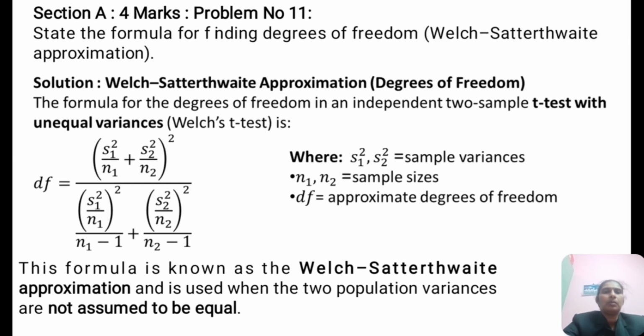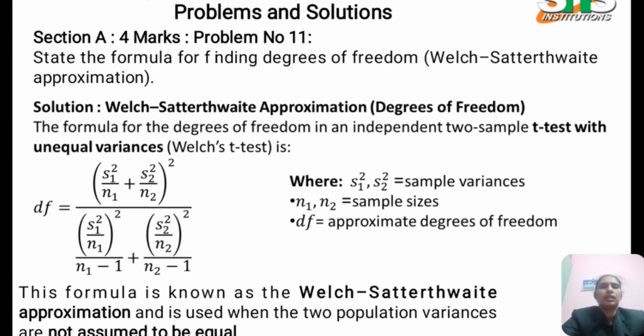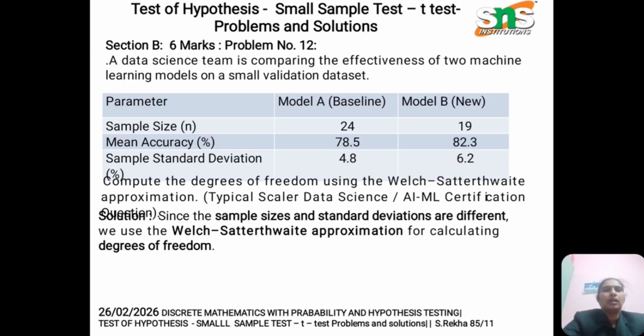In the same problem, if they ask us to find the degree of freedom, the formula is: degree of freedom equals s1 square by n1 plus s2 square by n2, the whole square, divided by s1 square by n1 the whole square by n1 minus 1, plus s2 square by n2 the whole square by n2 minus 1. This is the Welch approximation, used to find the degree of freedom for two population variances.